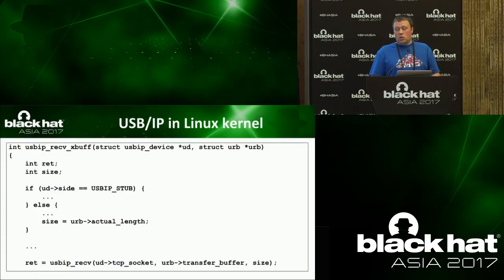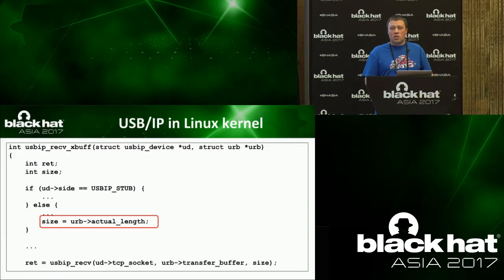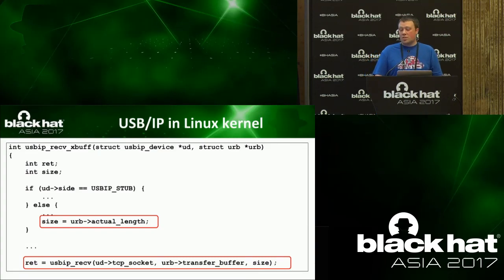And if you dig into the function that receives the rest of the data, what you see is that this value is then used to initialize a local size variable, and then this size variable is used to receive the rest of the data. Unfortunately, there are no checks in between that the value of the size variable is actually smaller than the buffer which the URB transfer buffer points to.